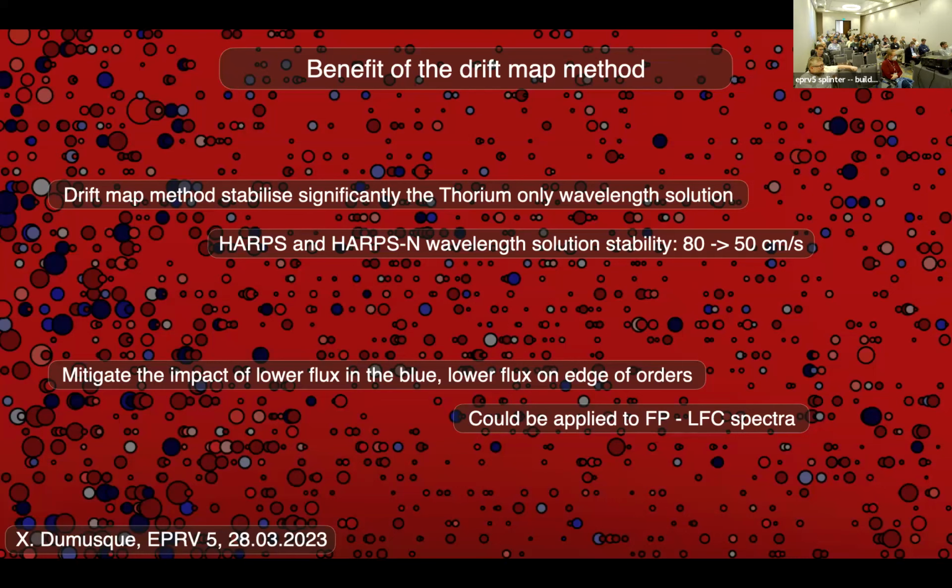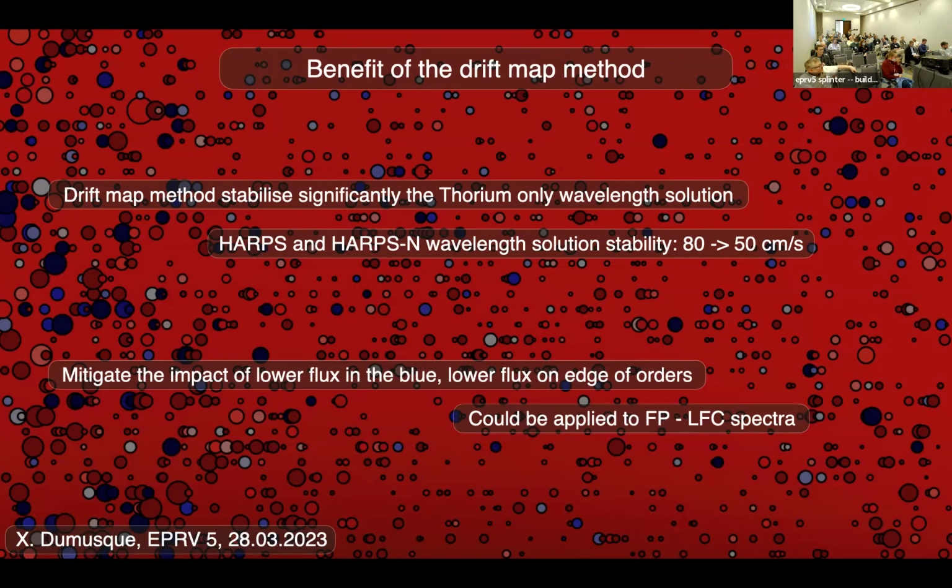For HARPS, we use two because in 2015 we had a big intervention on the instrument. We changed the fiber from circular to octagonal. And the spectrum moved by 3 pixels on the detector, and the PSF is also different, so it's not just a shift. So in that case, we use 2 wavelength solutions, basically 2 different instruments. So twice on HARPS and only once on HARPS-N.